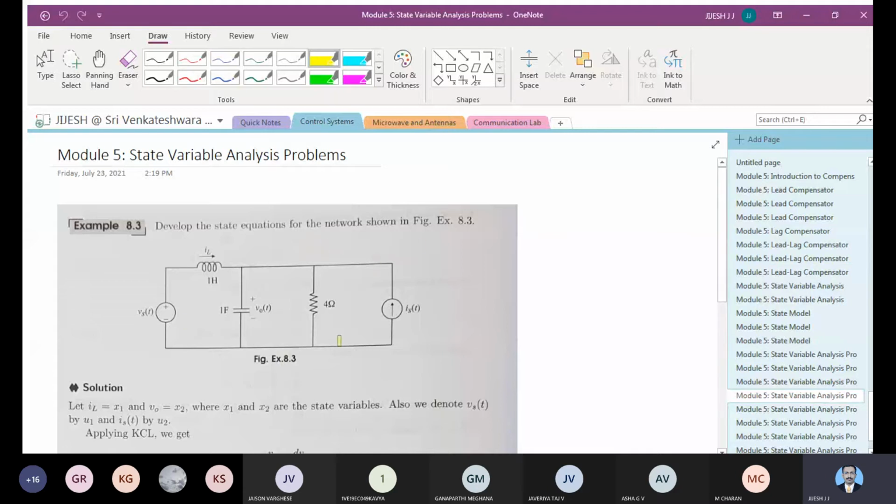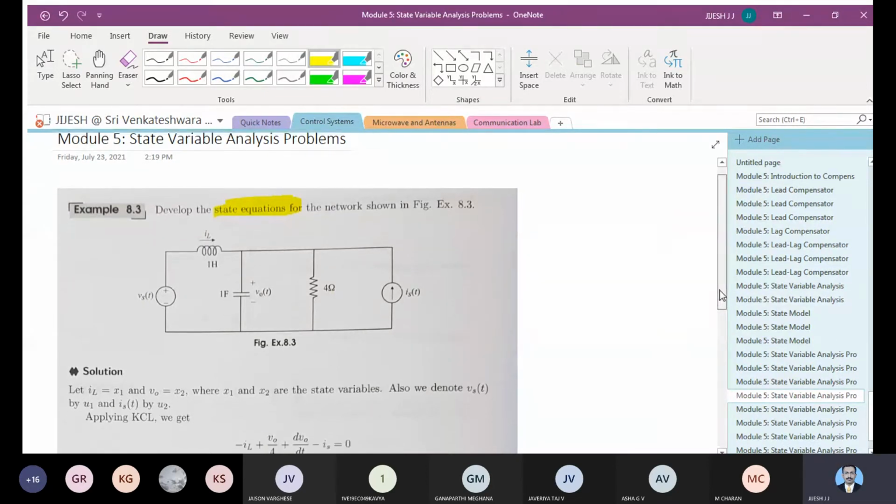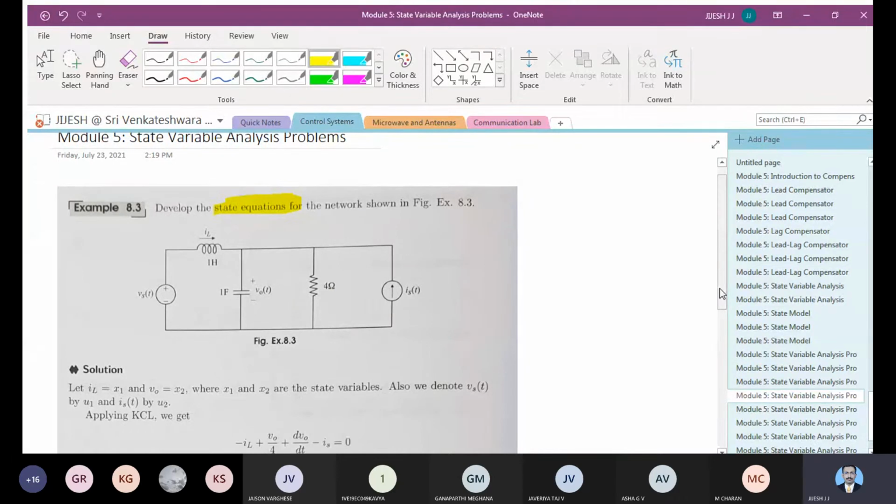If this is the network, the state equation for the network is being asked, and you are given this entire network. So let us consider the parameters and the state variables here. Let IL be the current through the inductor.